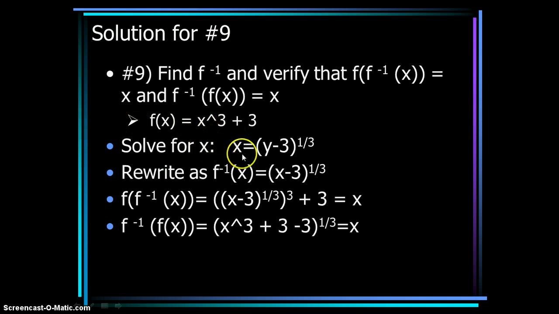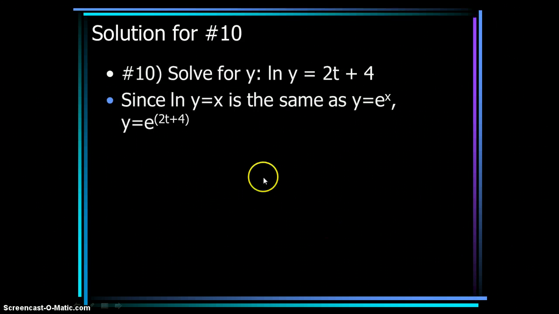Solving it for x, we get x equals the cube root of y minus 3. Replacing that with x, the inverse equals x minus 3 to the 1/3 power. Here I evaluate f of f inverse, and in fact it is x. And here I evaluate f inverse of f of x, and in fact it is x. So we've proved that it's the inverse.